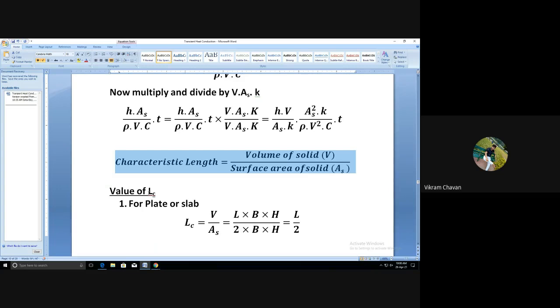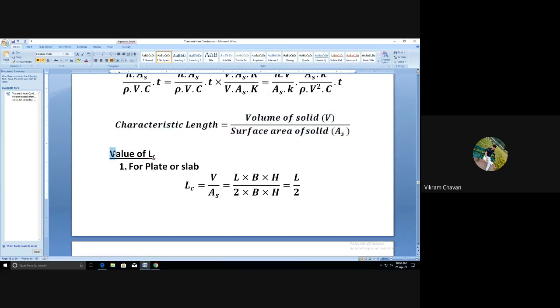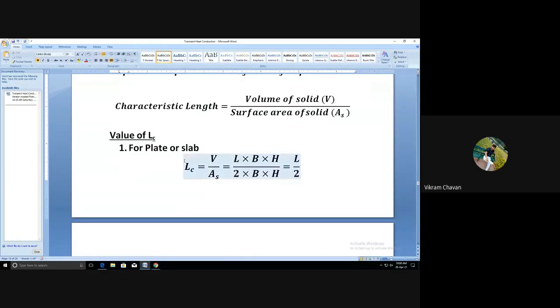Then the value of LC for different objects. First one we are going to consider is flat plate or slab. For plate or slab, L suffix C, that is characteristic length, is equal to volume divided by surface area.